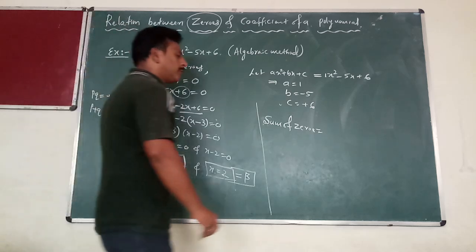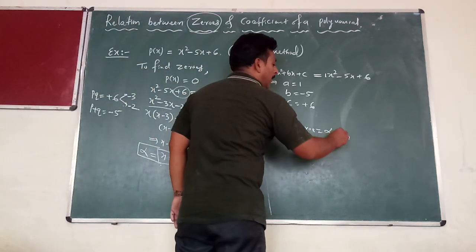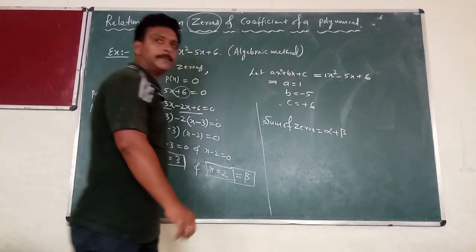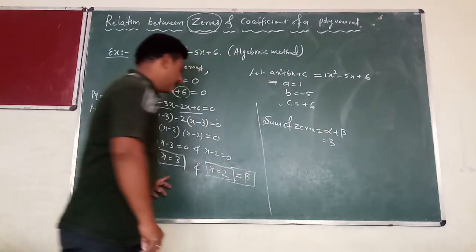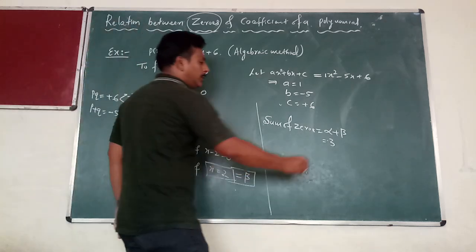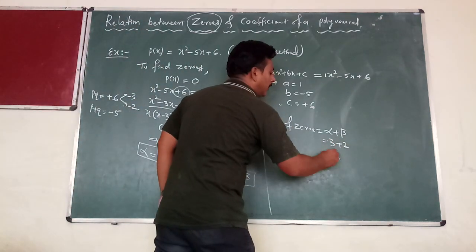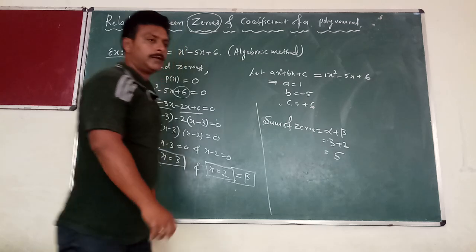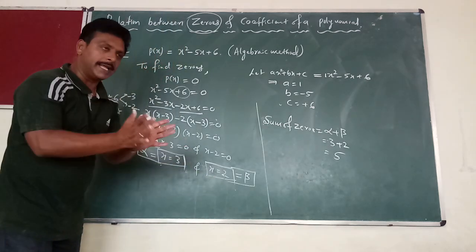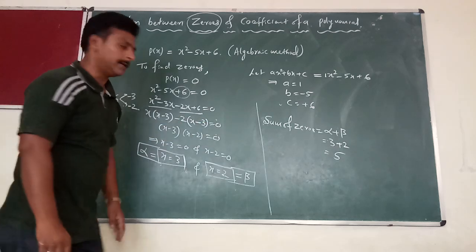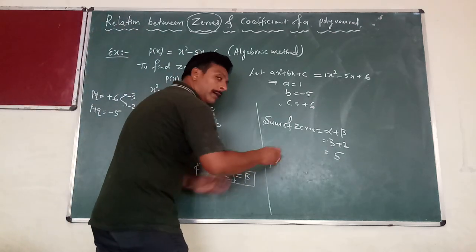Sum of zeros means alpha plus beta, you have to add both. What is the value of alpha? 3. What is the value of beta? 2. So 3 plus 2 is equal to 5. Getting my point? We added both zeros, and the answer is 5. Now you multiply both.